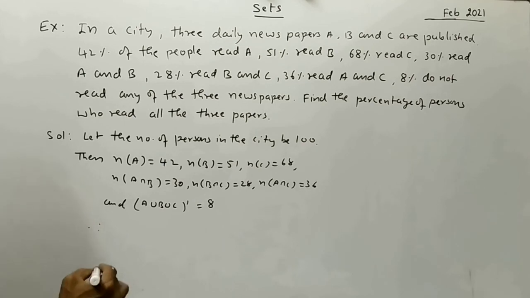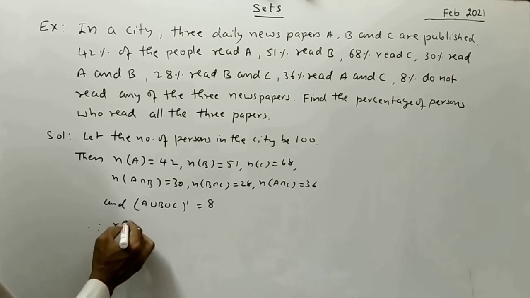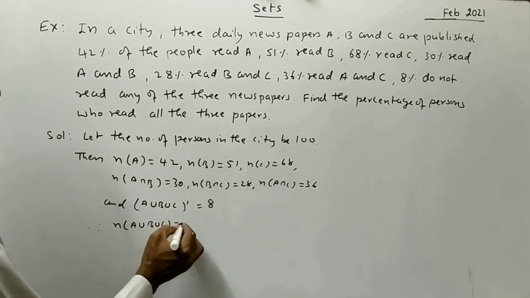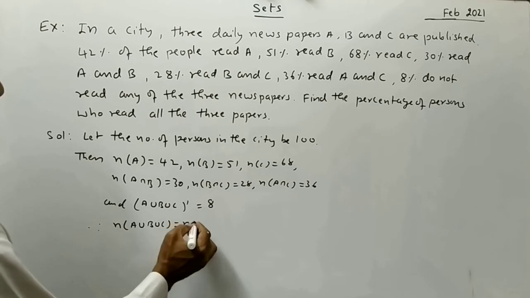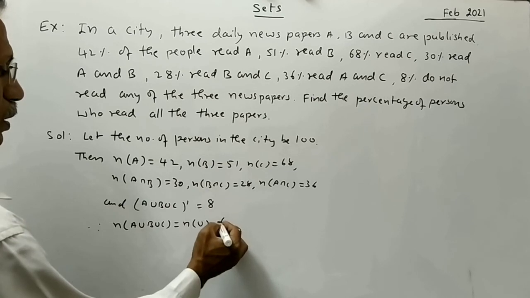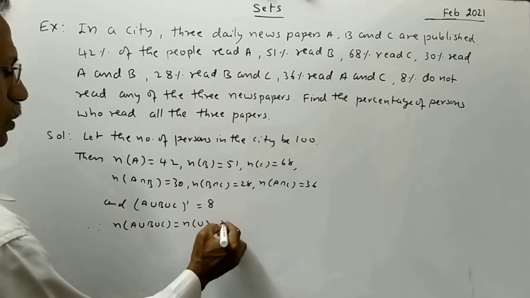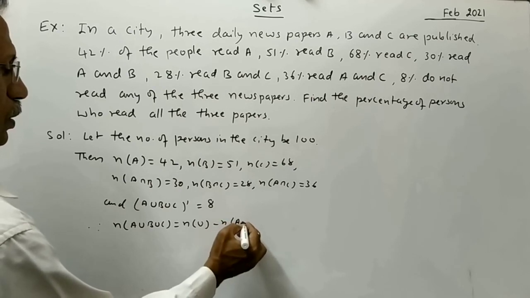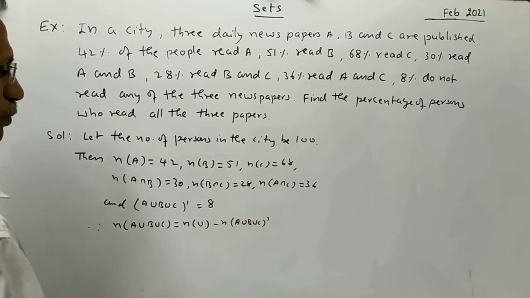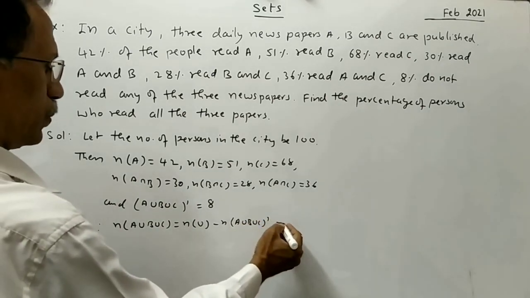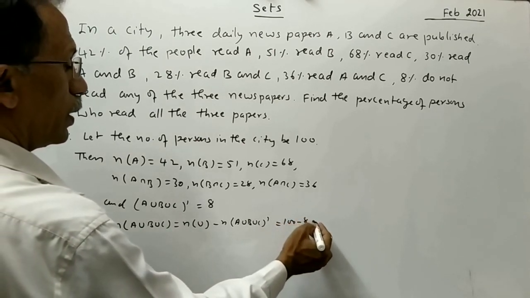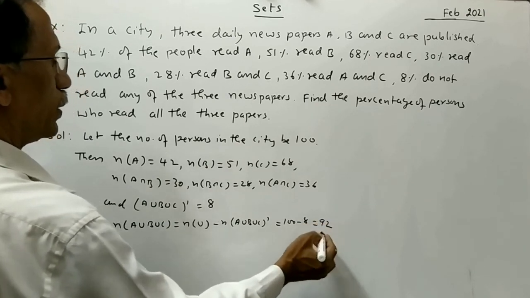Therefore, number of elements of A union B union C is equal to number of elements of universal set minus number of elements of complement of A union B union C. That is equal to 100 minus 8 is equal to 92.